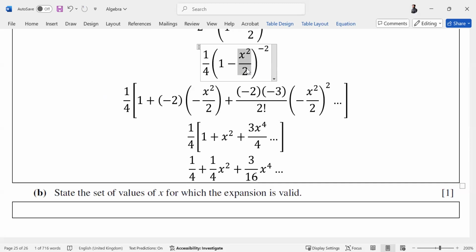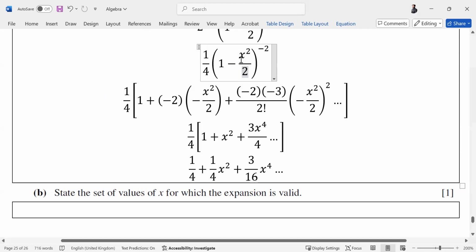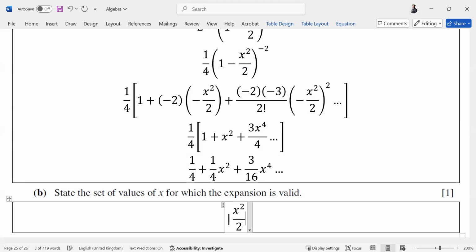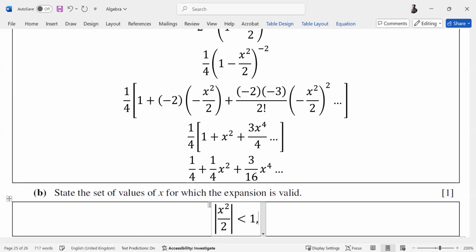Before the binomial expansion, for 1 plus x we said that the magnitude of x must be less than 1, or x must be in between -1 and 1. So this is the one I'm talking about. X square upon 2 should be between -1 and 1. And can I say the magnitude of x square upon 2 must be less than 1.